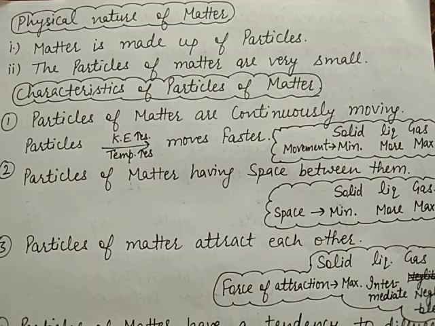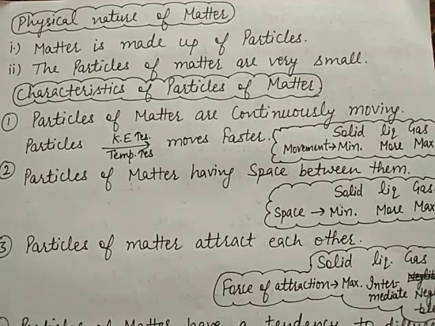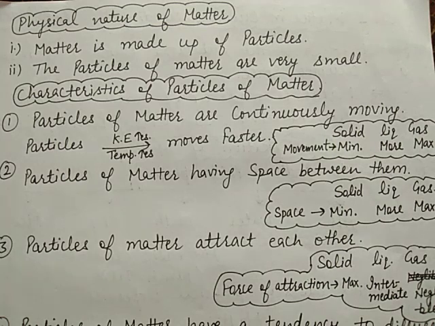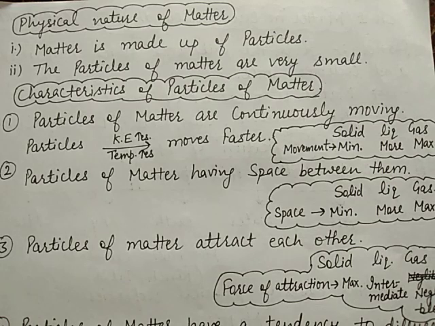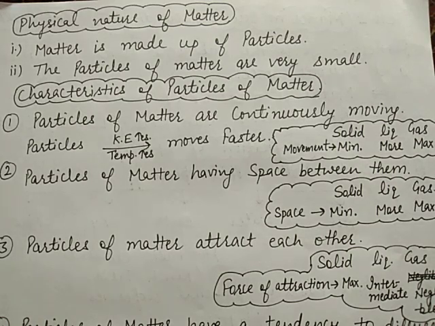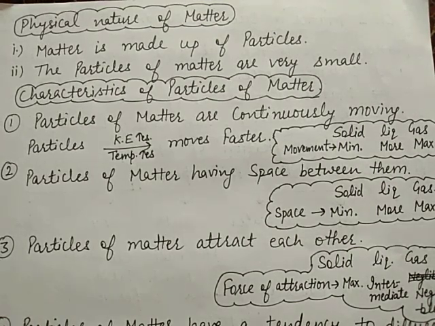The salt dissolves in the water, but the level of water does not change. This is because the particles of salt get into the space between the particles of water. This shows that matter is made up of particles.